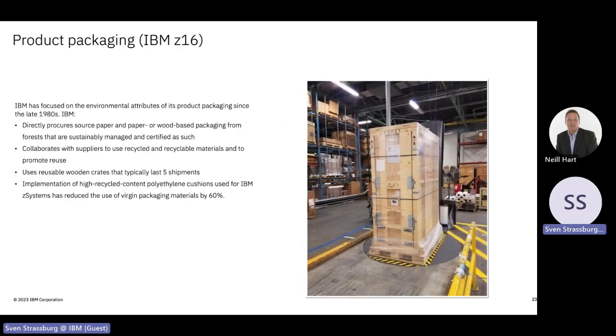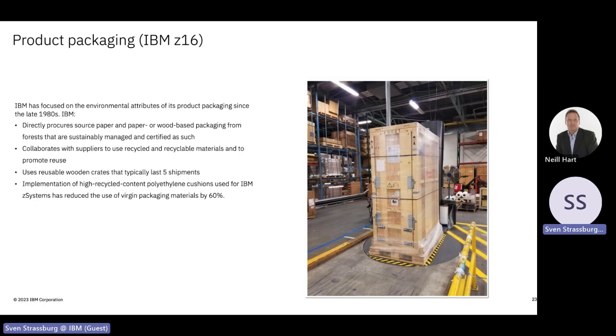So just to take some examples, again, from a product point of view, if you look at something like the mainframe, one aspect that we've put a lot of engineering work into is designing for a particular outcome. In this case, around the footprint of the mainframe, which means that we can standardize on the shipping packaging for those mainframes.